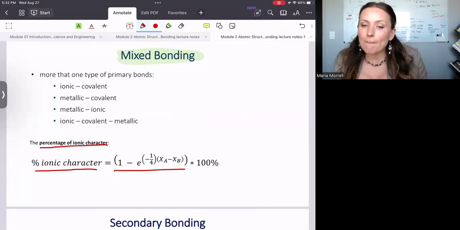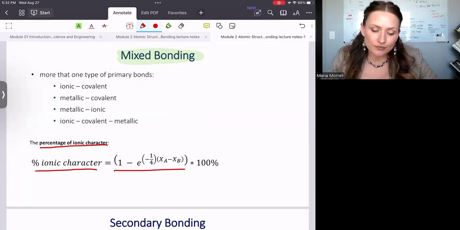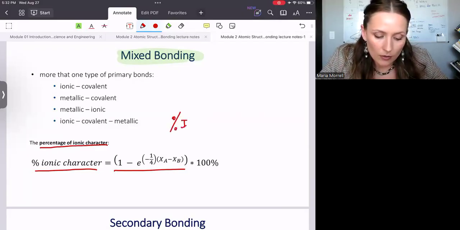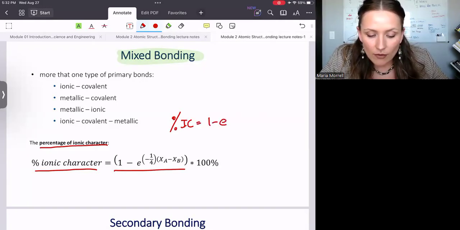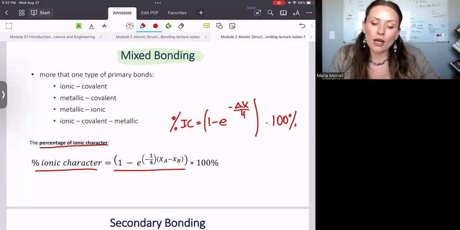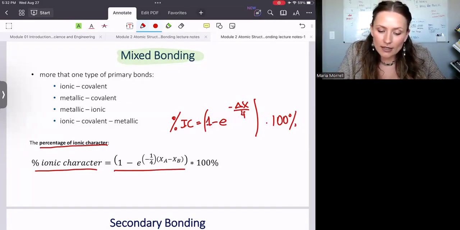It's 1 minus exponential, and maybe I will rewrite it like this. Maybe it's going to be slightly better. You will have negative delta x divided by 4, okay? And all of this times 100%, right? So I want you to understand what this delta x is.